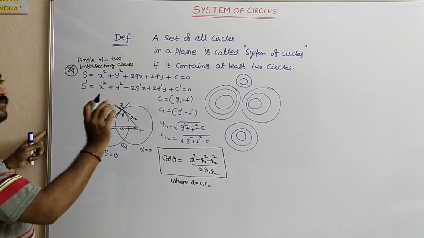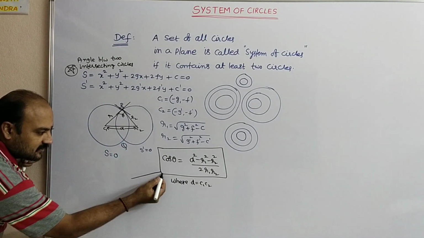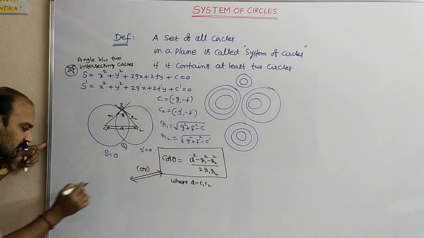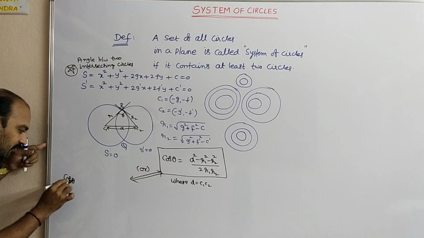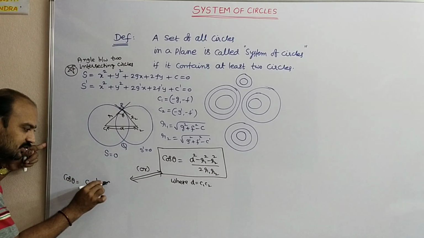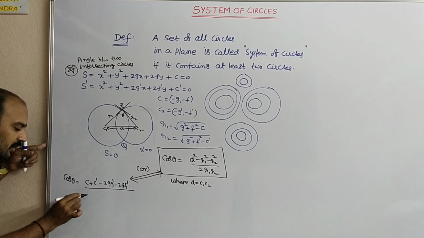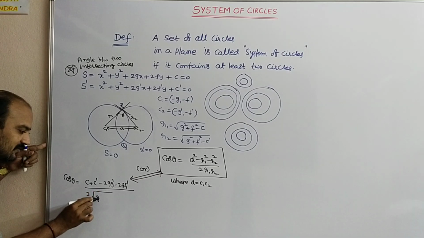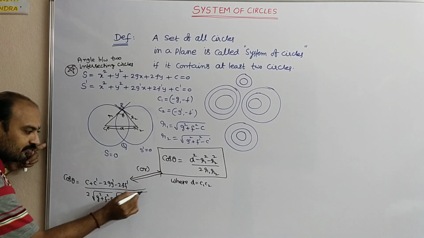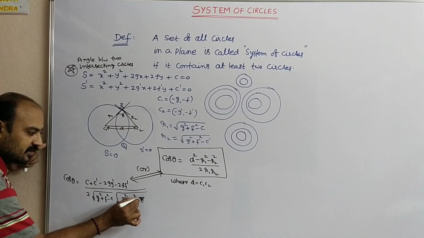Suppose you want to represent the values in terms of g, f, so cos theta can be defined another way: cos theta equals c plus c dash minus 2gg dash minus 2ff dash, divided by 2 root of g square plus f square minus c, into square root of g dash square plus f dash square minus c dash.